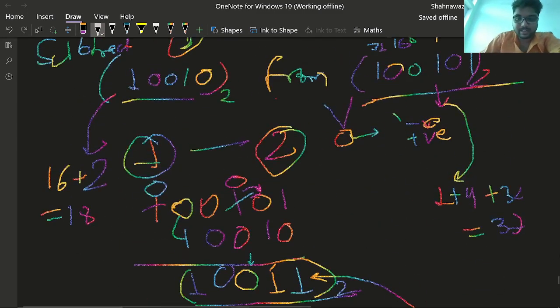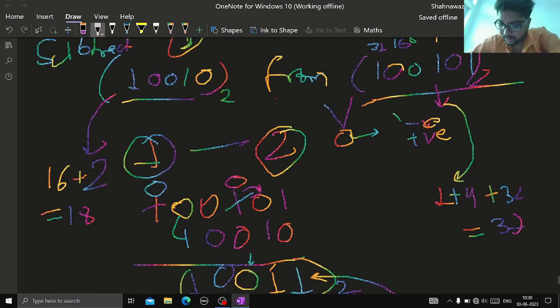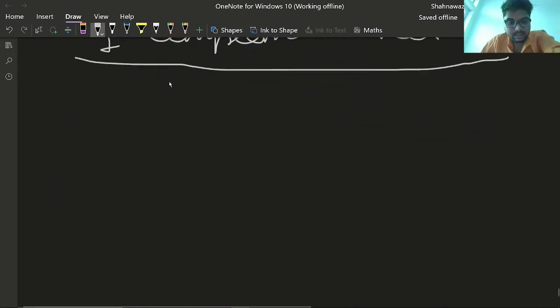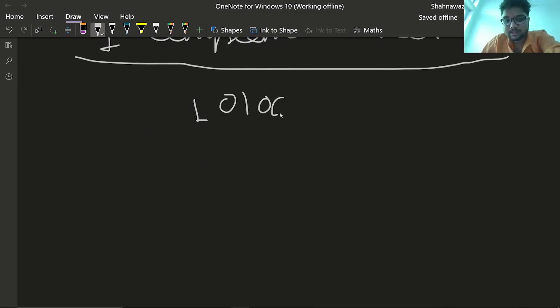Taking an example, if I take a binary number like 1 0 1 0 0 1 ... and we have to find its ones complement. So what will be its ones complement? Only change 1 into 0, and zeros into ones.